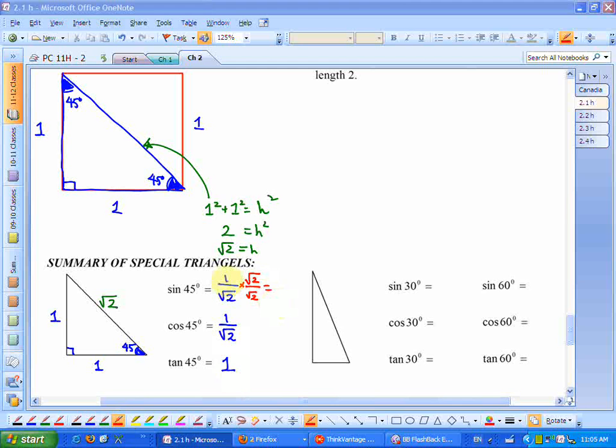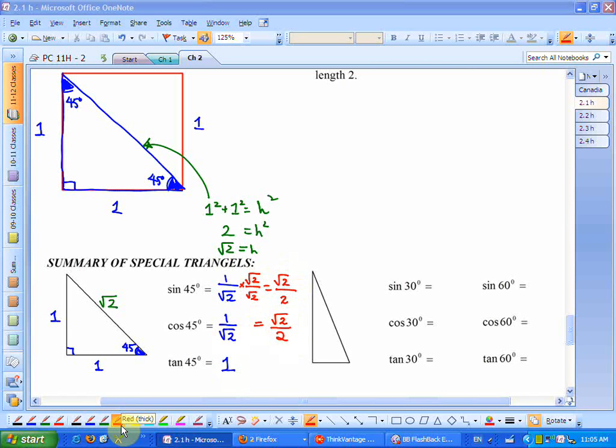So this becomes what? 1 times root 2 is just root 2. And how about the bottom? What's root 2 times root 2? That's also 2. Good. So sometimes you'll see people write cosine of 45 and also sine of 45 as root 2 over 2. Either or is okay with me. If you like the stuff in blue, that's fine. If you like the stuff in red, that's okay as well.